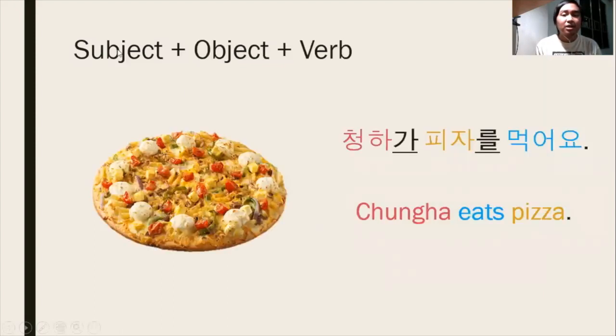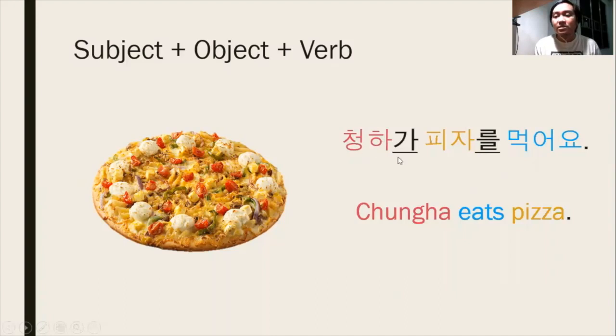Now let's look at the subject, object, verb form of Korean sentences. 청아가 피자를 먹어요. 청아 is the subject, 피자 is the object of the verb 먹어요, which means eats.